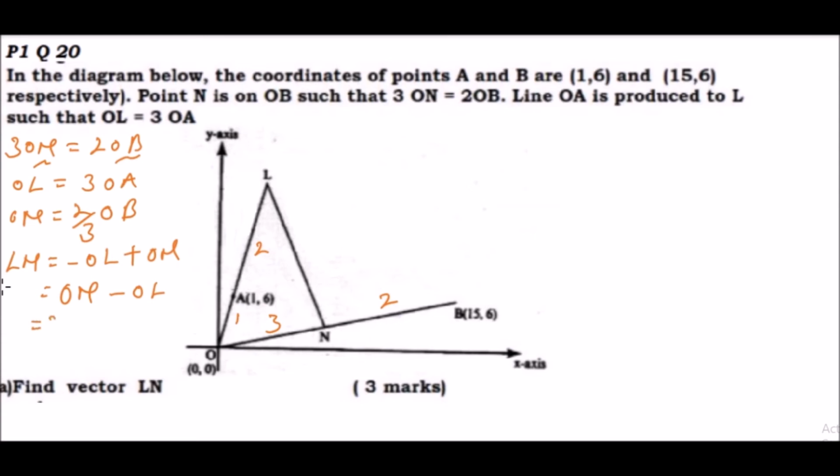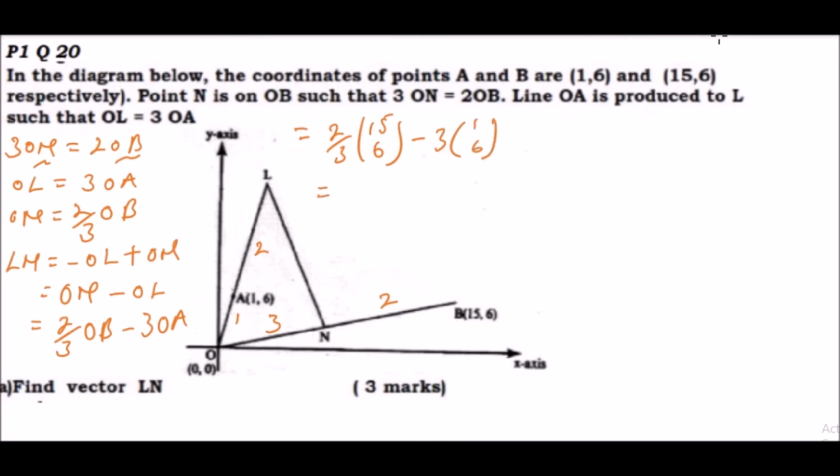ON is equal to 2 over 3 OB, that is ON, minus, we also have OL, which is 3OA, and we can get these vectors. This is equal to, our OB is (15, 6), that is 2 over 3 of (15, 6), minus 3 times our OA, which is (1, 6).